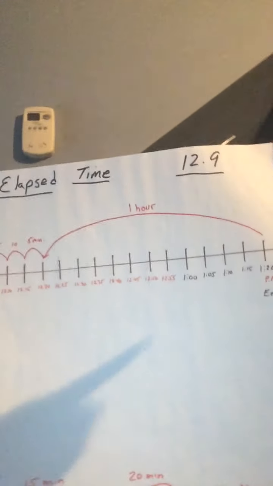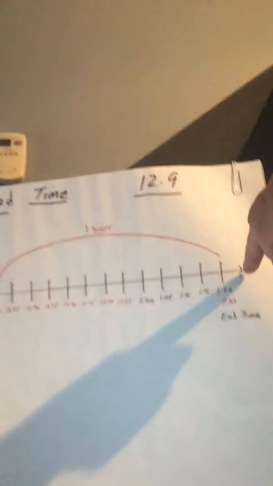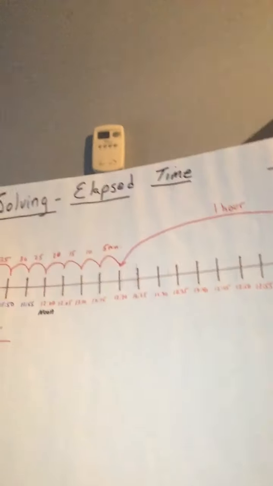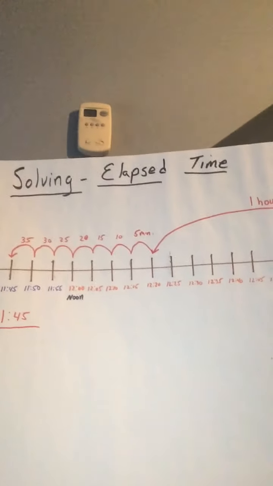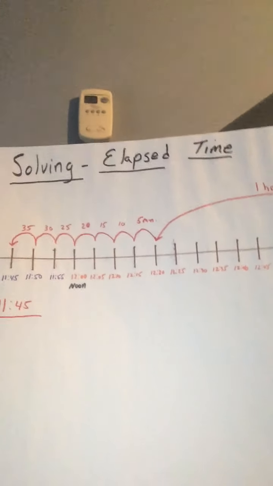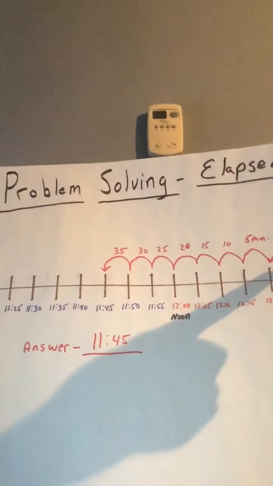Okay? Then going back to our end time, we know they spent 1 hour. So we're going to go from 1:20, jump a full hour down to 12:20. Okay? And then we're going to start going back 5 minutes until we hit 35 minutes because they worked 1 hour and 35 minutes. So our hour takes us to 12:20.